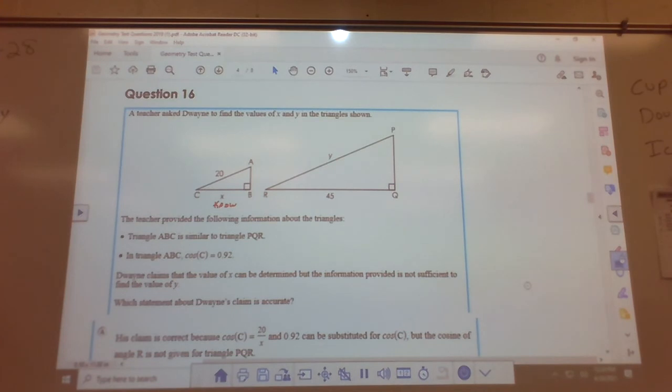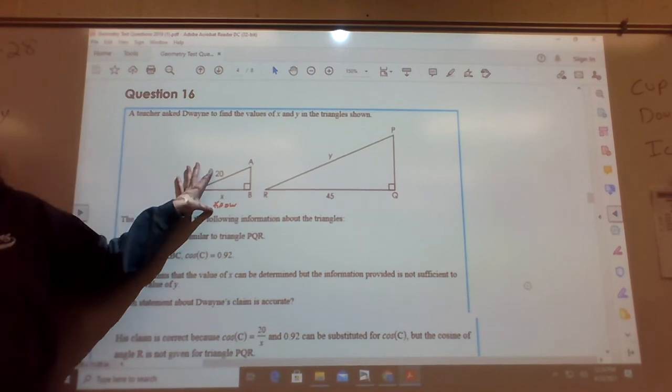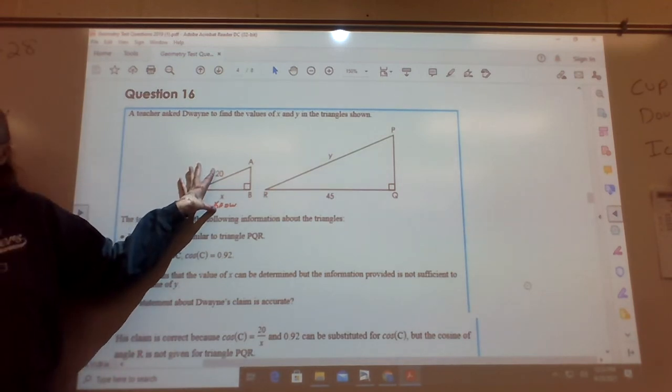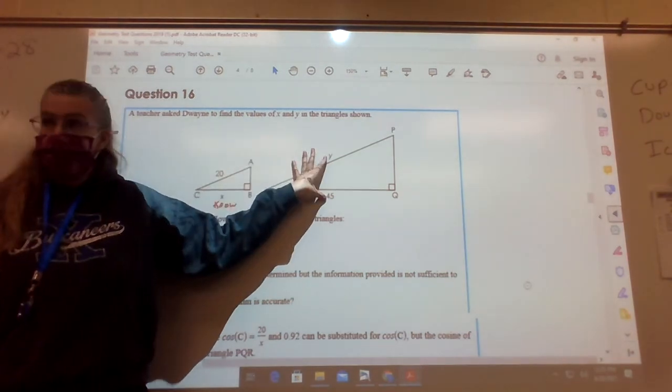Now, Dwayne claims that the value of x can be determined, which we just said. We can figure out the value of x. But the information provided isn't sufficient to find the value of y. So if I know two of these sides, can I figure out the value of y?